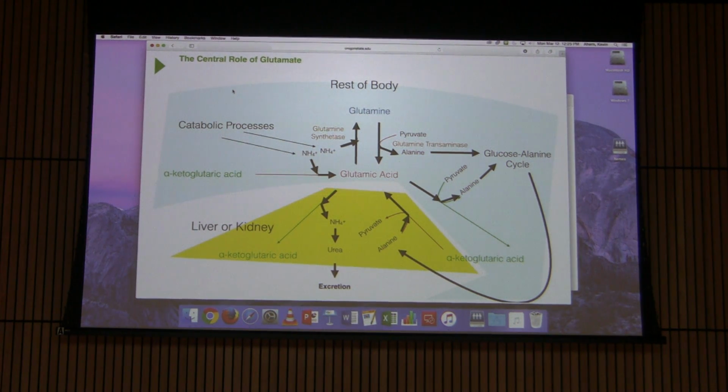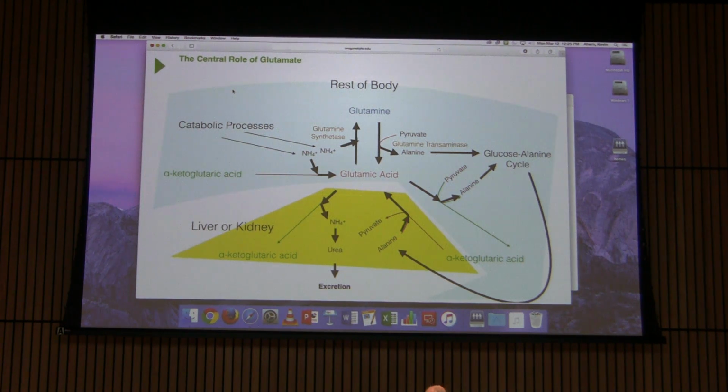This process here is a little involved, so I'm going to take a few minutes to go through it with you. This process illustrates what happens by combining transamination, which is what's occurring on the right side of this image, with release of ammonia or the gain of ammonia as shown on the left side. So on the left side we see ammonia metabolism.